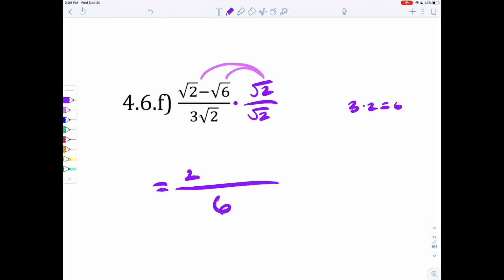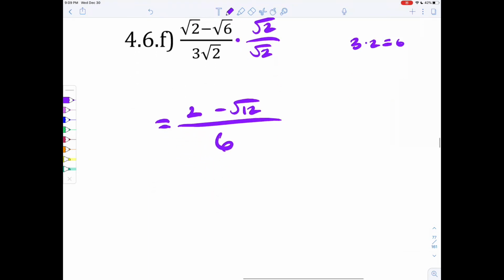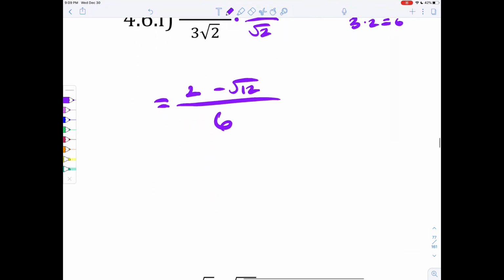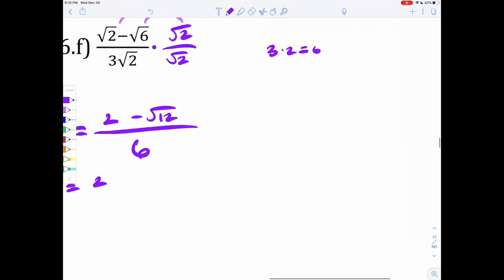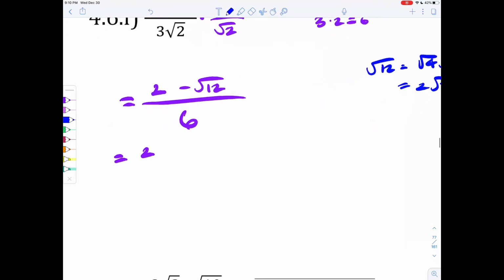Root 2 times root 6 is root 12. And I can see there's some simplification to do here because root 12 is not as simplified as it can be. Somewhere on the side here, I'm going to say that root 12 is equal to root 4 times root 3, which is 2 root 3.